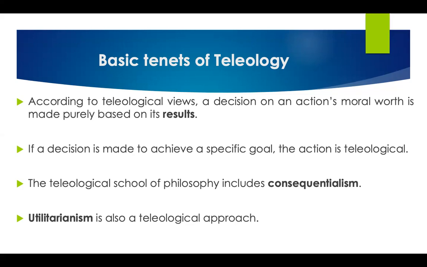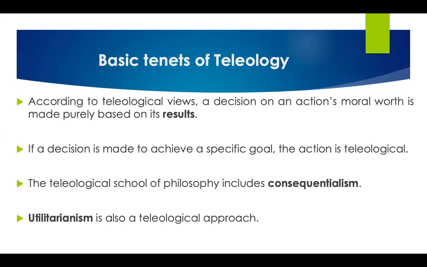All right. So whether a decision is ethical or not is based on the rewards that we will see or get after the decision. If a decision is made to achieve a specific goal, the action is teleological. All right. And there are two aspects of this type of theory. One based on consequences, known as consequentialism.